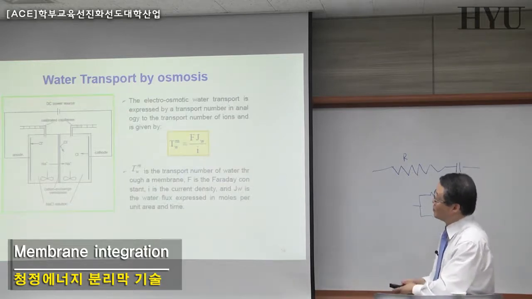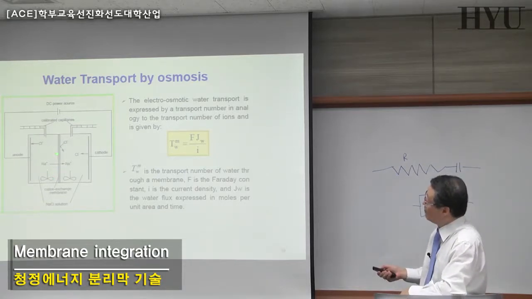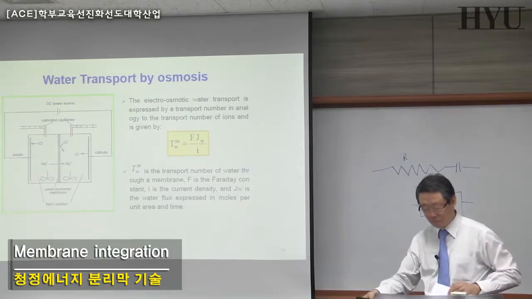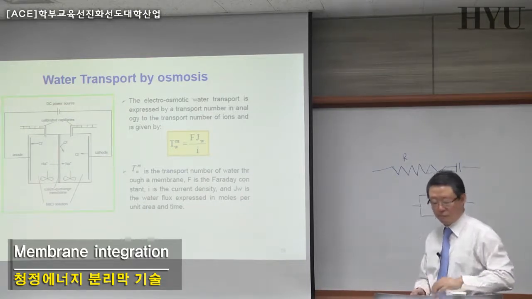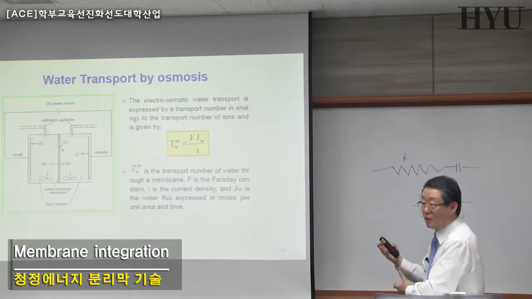Whereas water transport in this case, if you have an ion exchange membrane, we have a water and sodium chloride solution here, and we have water here, or we have sodium chloride in each case, and we put the ion exchange membrane and apply the electrodes, just like what we have described earlier.